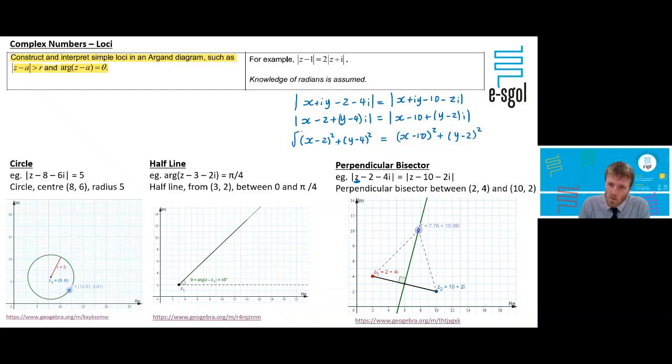Technically I should have a square root symbol there, because that's what the modulus is, but because you've got the square root on both sides, they are going to cancel each other out. You would then multiply out your brackets here, and if you do this, you should get the equation of this line.